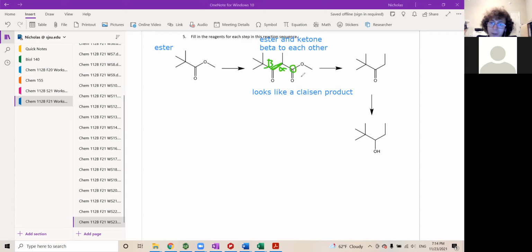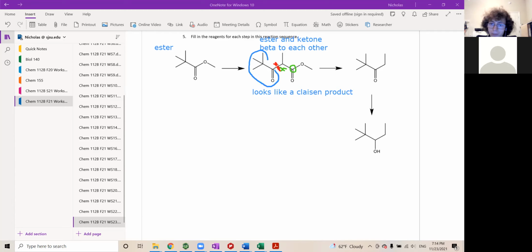Just like with aldol, where I would break the alpha-beta bond and see what we get to work backwards to the starting materials, we can do that here. So you can put an imaginary line through this bond to break that bond.